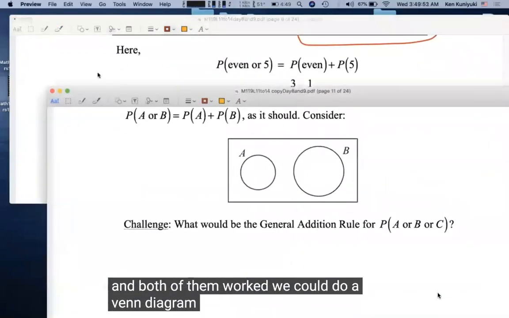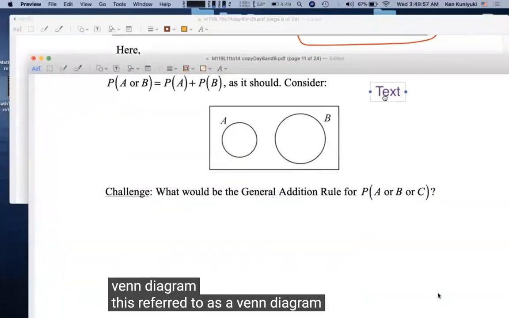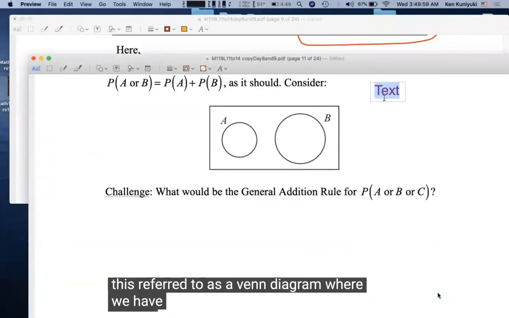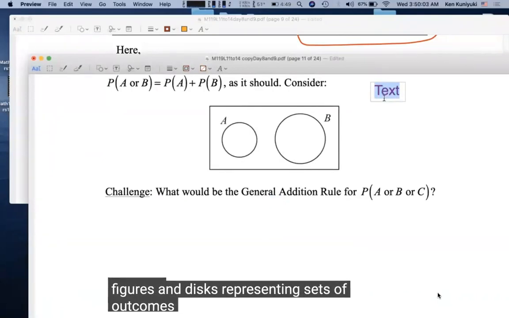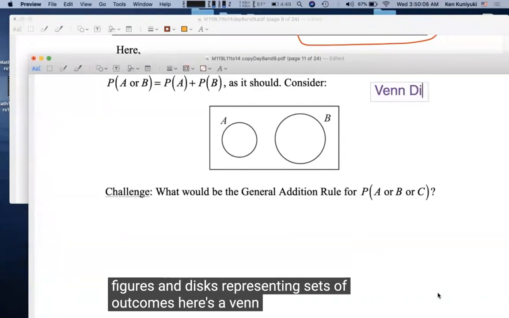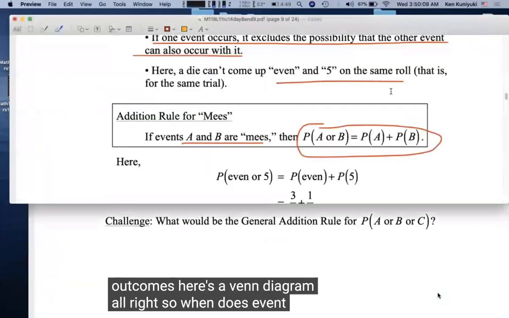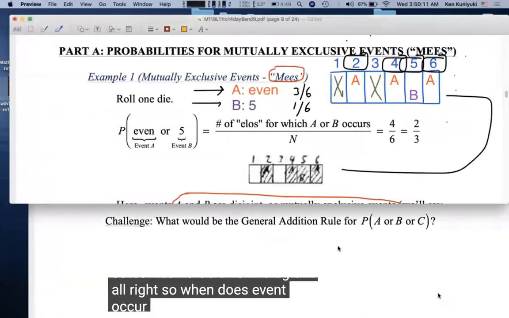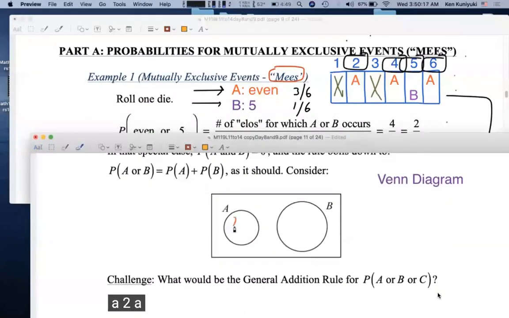We could do a Venn diagram. This is referred to as a Venn diagram, where we have figures and disks representing sets of outcomes. All right, so when does event A occur? Event A occurs if we roll a 2, a 4, or a 6.